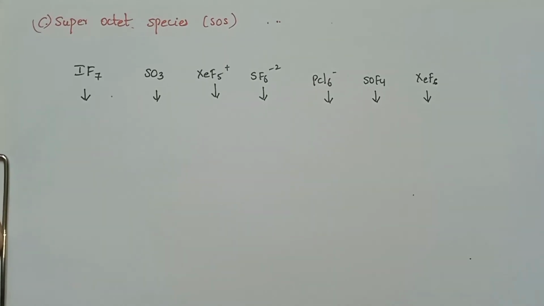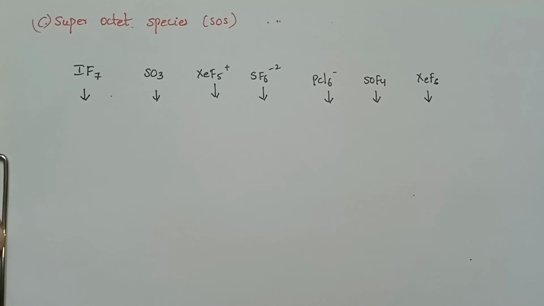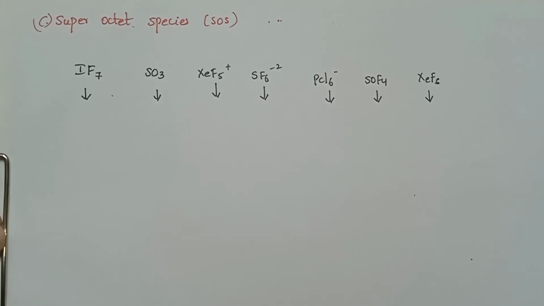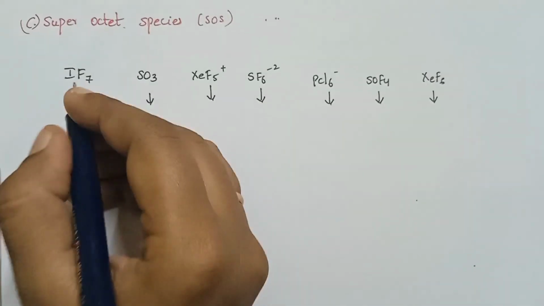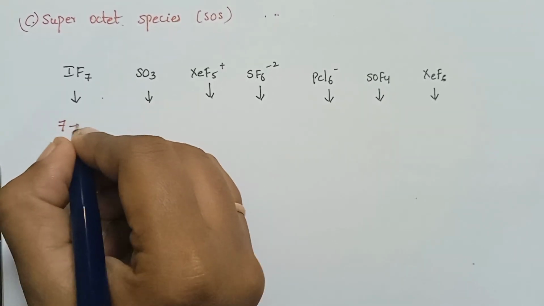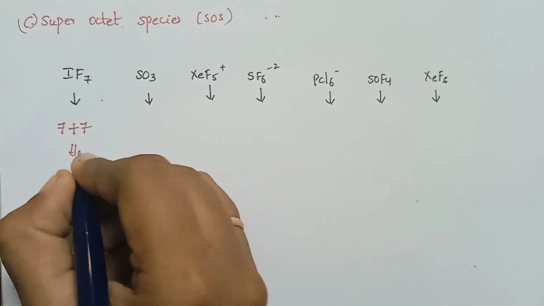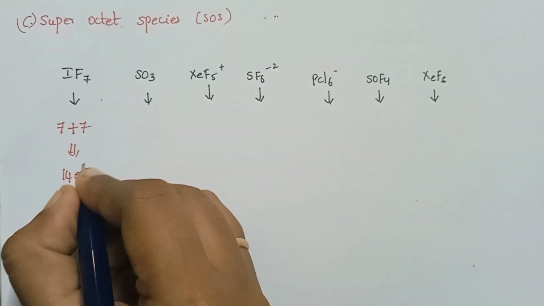The next species, super octet species. Species in which the central atom contains more than 8 electrons in their outermost shell are known as super octet species. For example, IF7. Iodine has 7 outermost electrons plus fluorine 1 each, 7 fluorines 7, so that is 14 electrons.